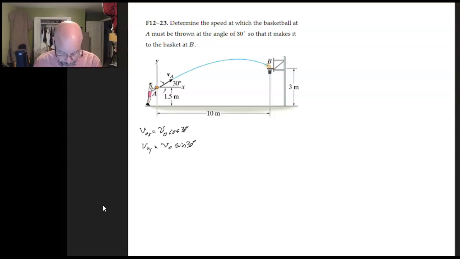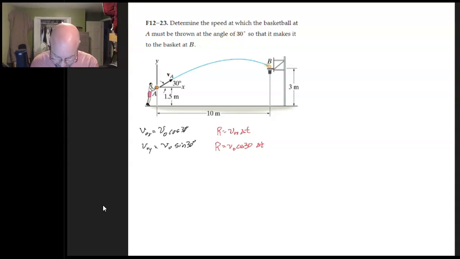So in terms of x here, we can say the range is v naught x delta t. If we substitute in what we know, we've got v naught cosine 30 delta t.